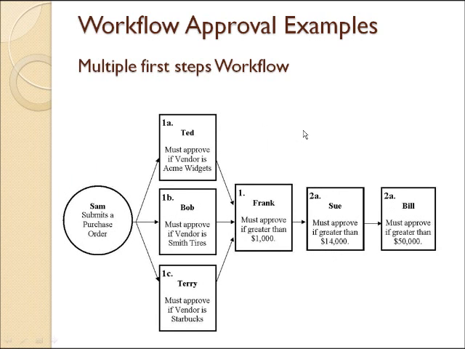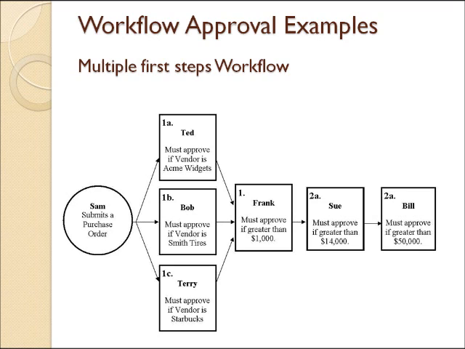Okay, so this example would be a multiple first step approval process. So you'll notice that if any one of these three vendors are in the purchase order, they're going to go to a different person. So essentially we've got approvers running a particular vendor account here.